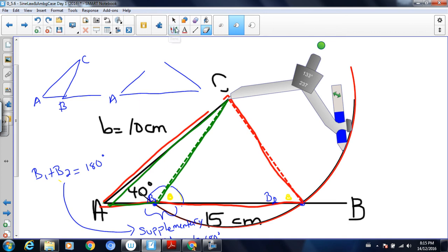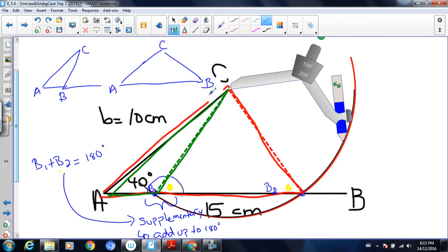This should be C and this should be B. I apologize. If this is B2 and this is B1, think, well, this angle is this right here, and this angle, which is B1, is this right here.